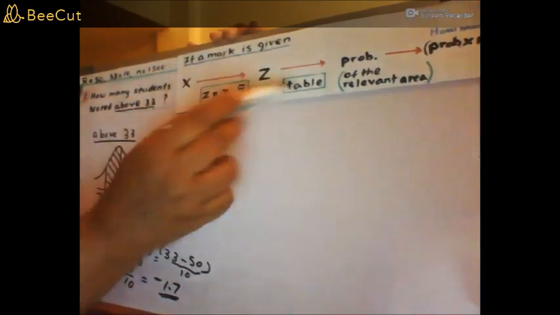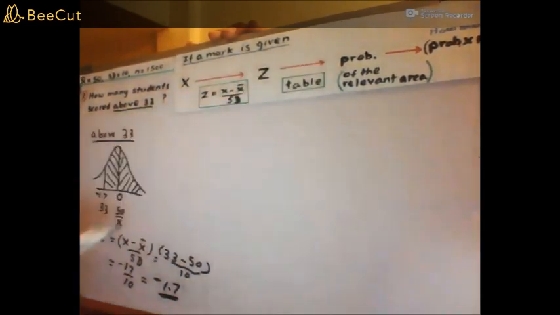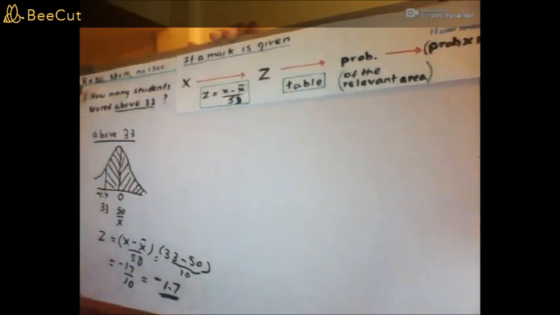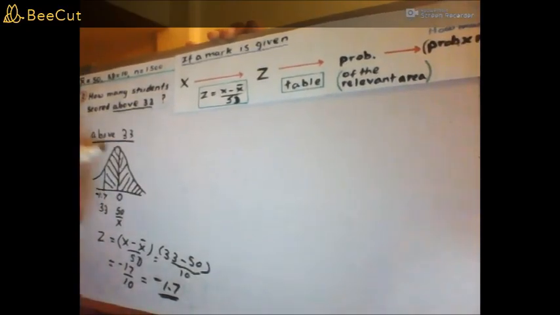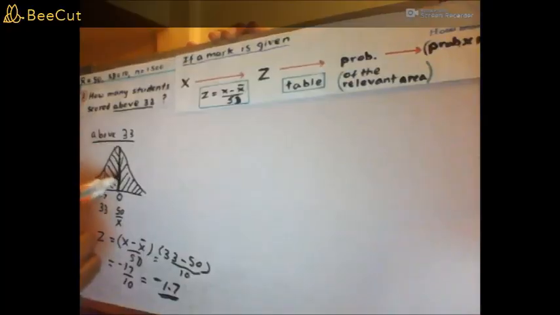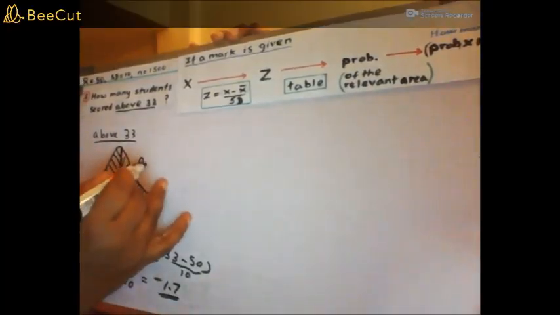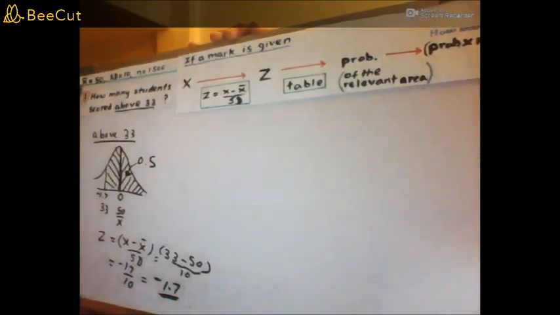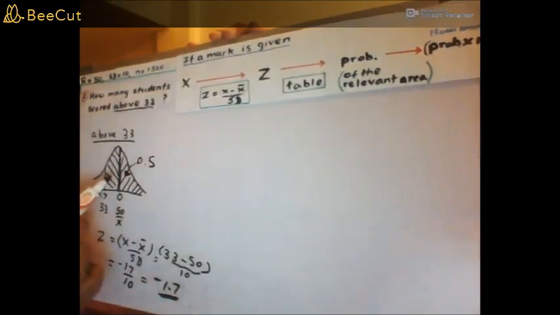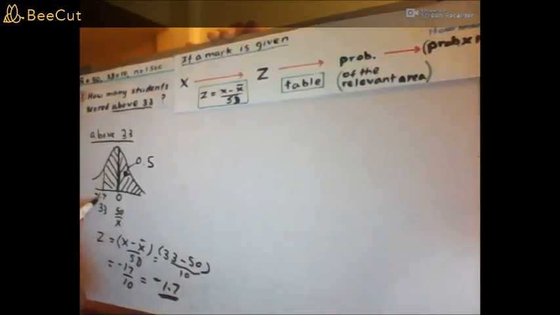Then what you have to do? By using the formula, we'll have to find the probability of the shaded area. This area. Right? Now, you know that from here to this side, the probability is 0.5. Then, you know, from the middle line to a particular Z value, they give the probability in the table. So, the Z value is minus 1.7.